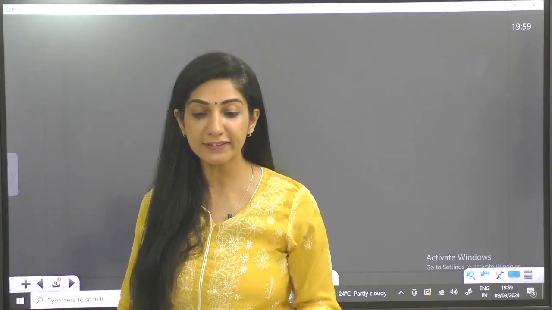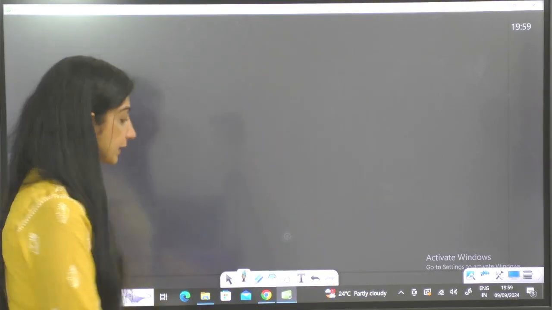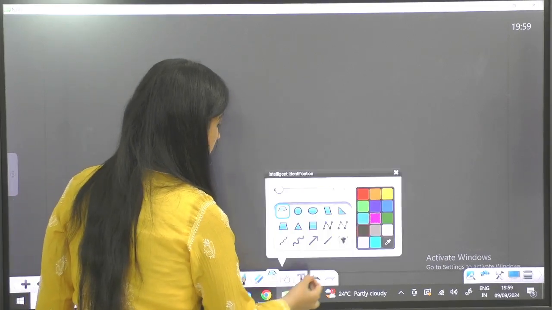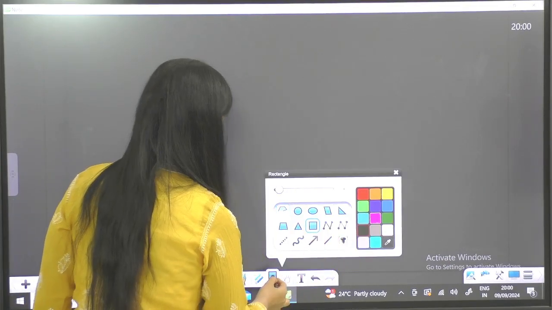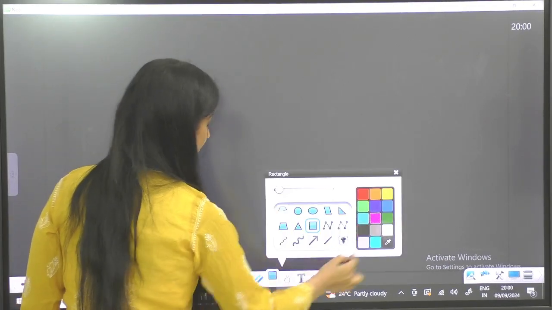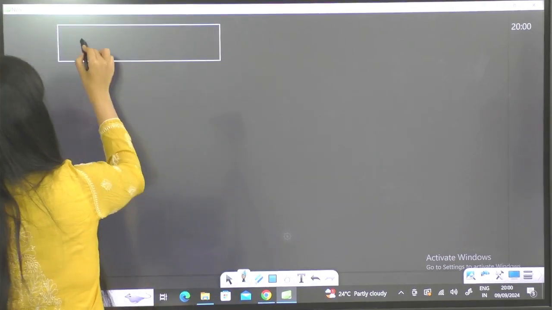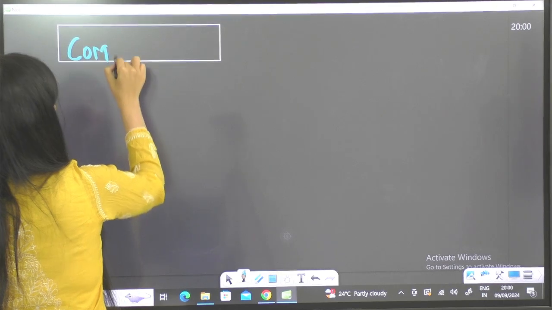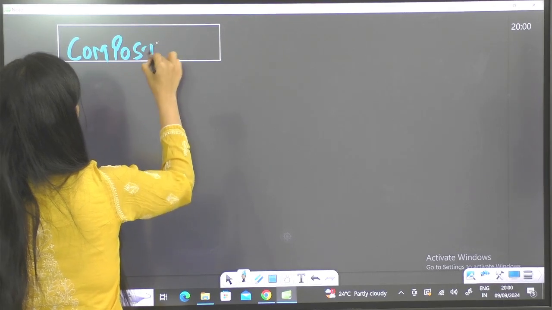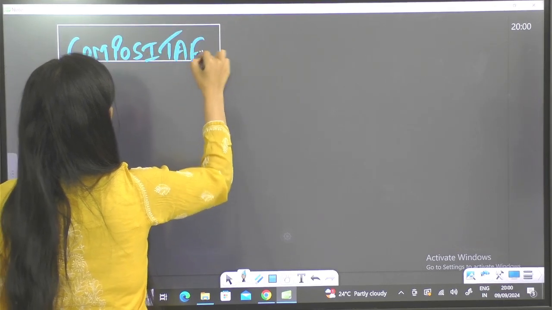The first family, one of my favorites, ladies and gentlemen, is none other than the Composite Family. Please make use of your beautiful notebooks and give the heading as Composite Family.